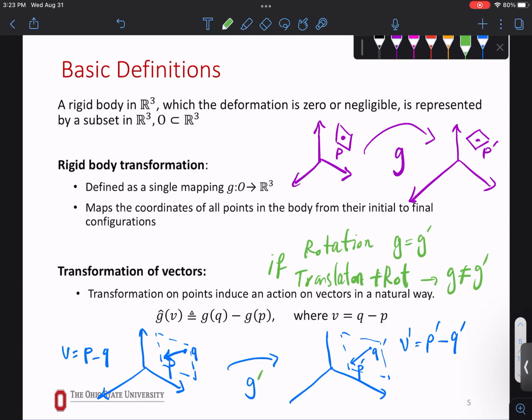So I'm introducing this G prime as the mapping for the vector. So instead of calling it G, I'm calling this G prime. If you are moving a vector using a mapping to another reference frame, and if these two reference frames only have rotation, then moving a point and moving a vector will be similar.